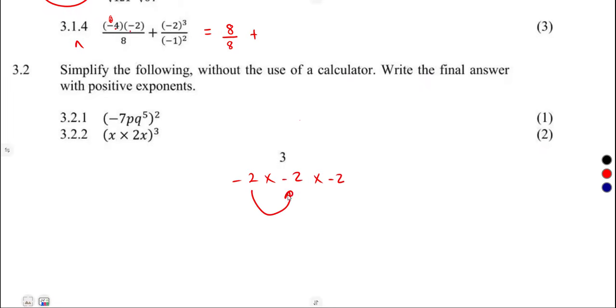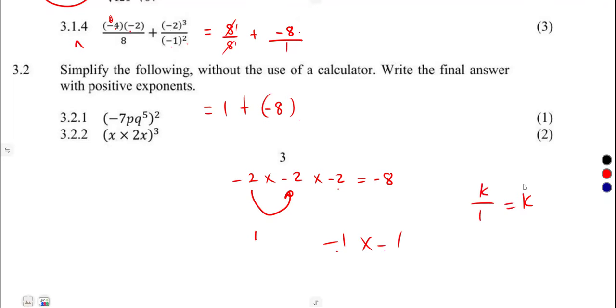That's 4 times negative 2, which is negative 8. So it was going to be negative 8 over negative 1 squared. That's a positive 1. Negative 1 times negative 1, negative times negative is a positive. So that's it. 8 over 8 gives us a 1. Plus minus 8 over 1. That's a minus 8. Remember, guys, k over 1 is equal to k.